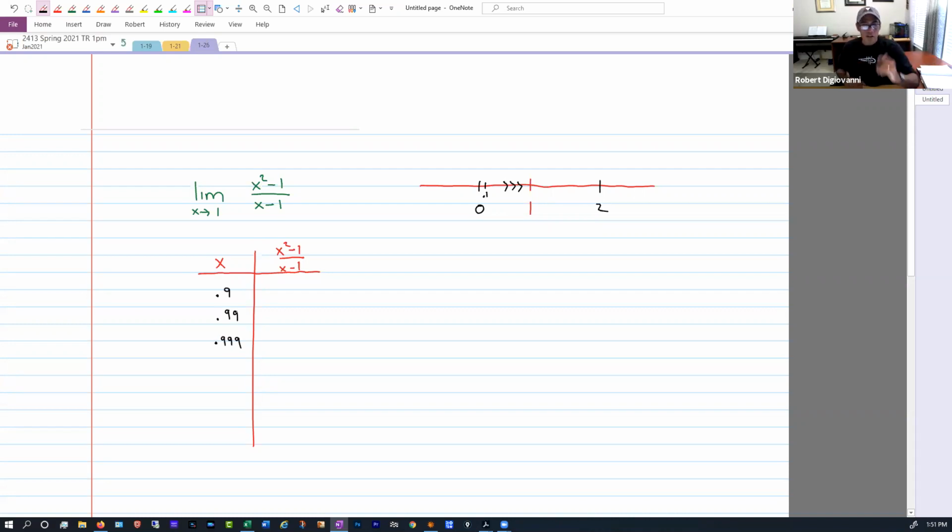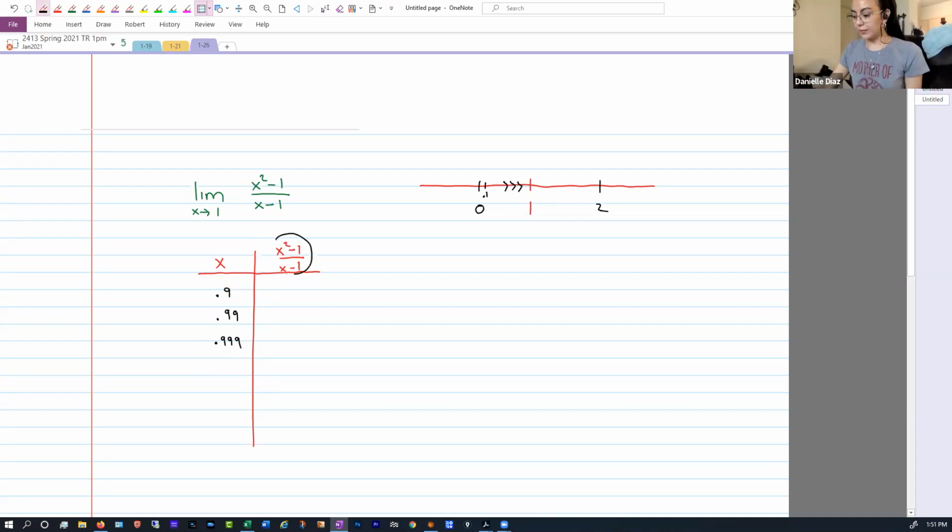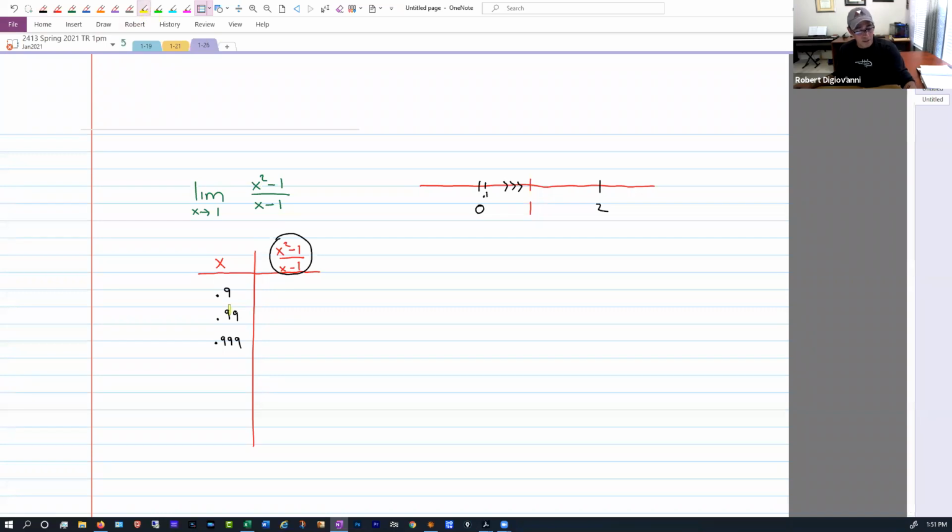Okay, so what we'd have to do now is get on our calculators and plug that into this. I'm only going to do one of these, because this is tedious. I'm going to do the 0.99 one. I'm going to plug in 0.99, square it, subtract 1, and then take 0.99 minus 1. I get on my calculator and do this.